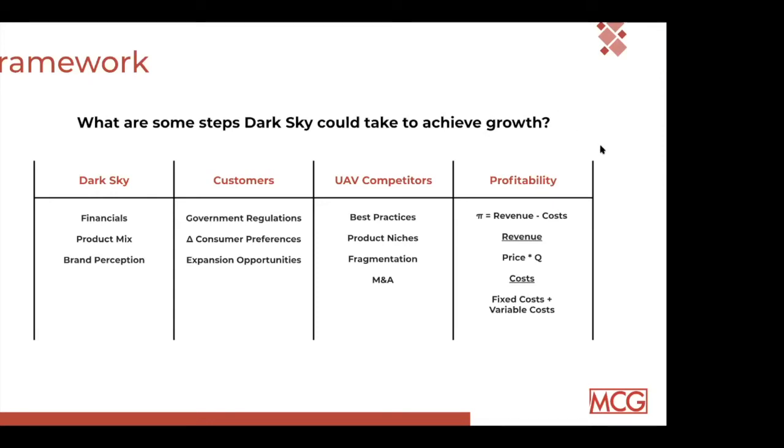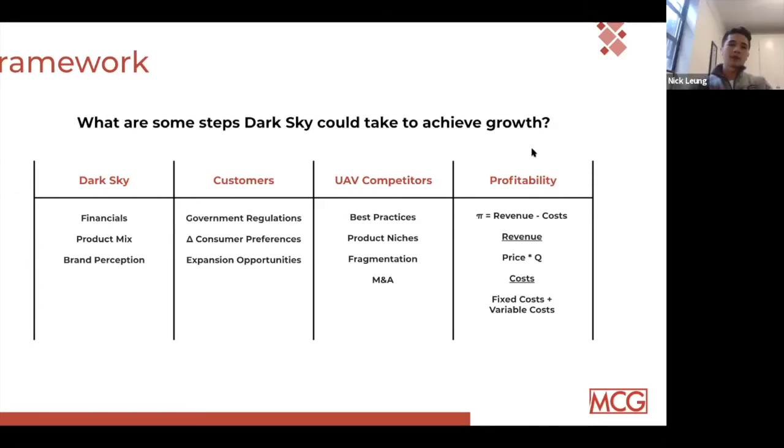Yes, but when we ask for financial information, usually we need to ask for specific information, like revenue or cost. So how do you determine which part to start with first? So I think that's really based off of what the ask is, right? The ask here is how could Dark Sky achieve growth.